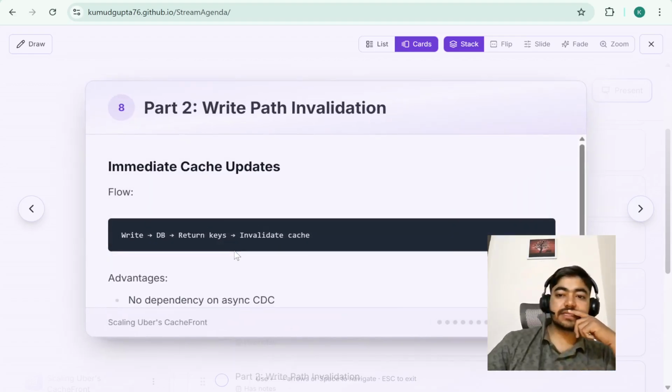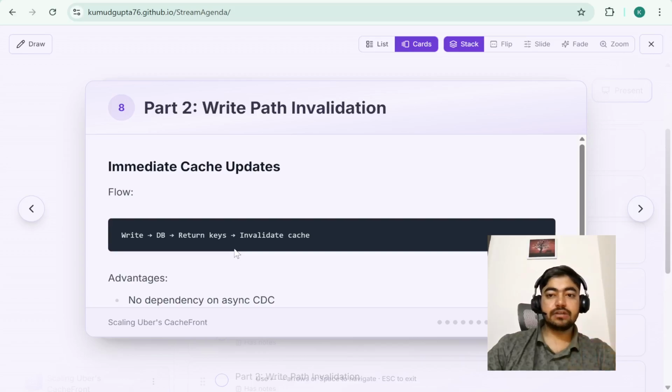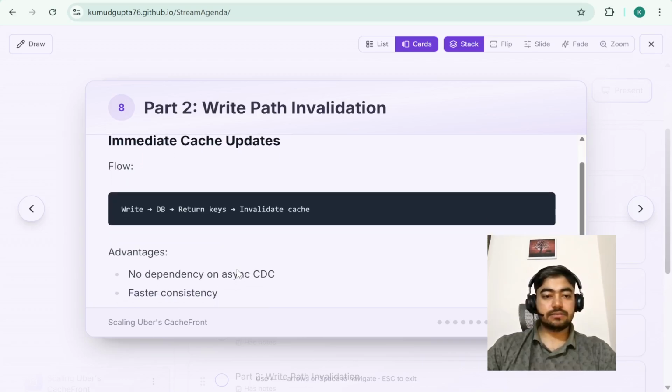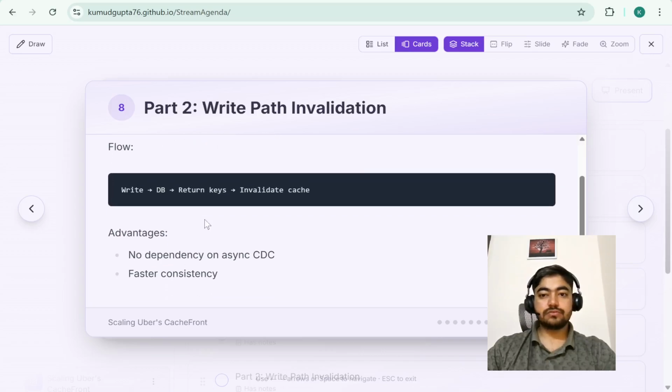And the next biggest improvement: they moved cache invalidation into the write path. Now the flow looks like this: write to the DB, the database returns which rows are affected, the cache is invalidated, so there's no waiting for an asynchronous system. And this significantly reduces the inconsistency.